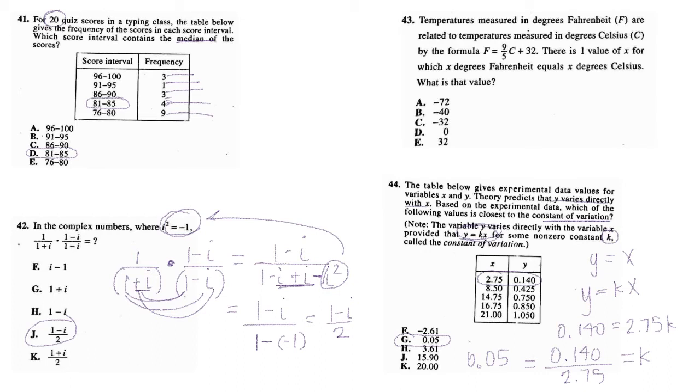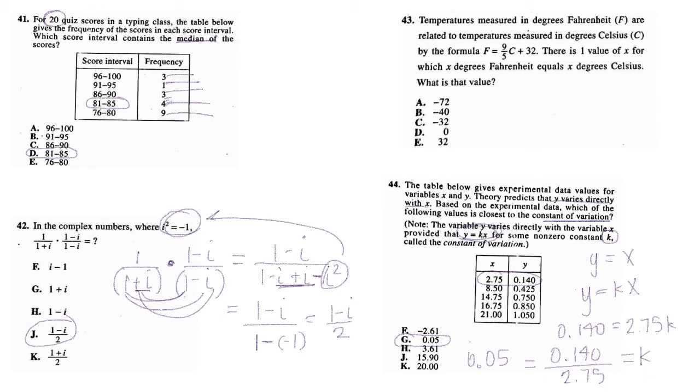All right, let's back up and do 43. I skipped that one. Okay, on 43, we are told that for some particular value, our Fahrenheit and our Celsius would be equal to each other. And we want to know what that value is.